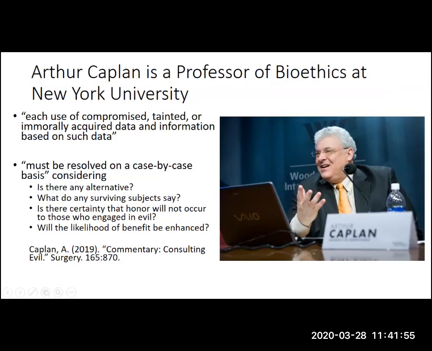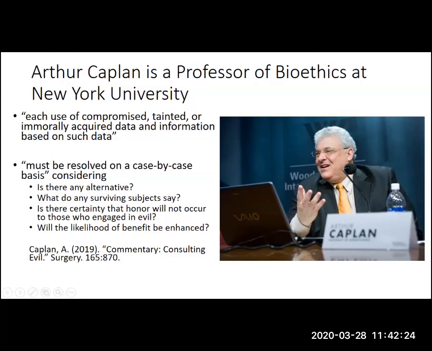And so basically Kaplan is saying that it's potentially available for use, but we need to not just go to that as the first choice, but consider: are there alternatives? What do any surviving subjects say about the use of that? Is there certainty that honor will not accrue to those who were engaged in the evil, so you're not recognizing the contributions of people that did really horrific things?